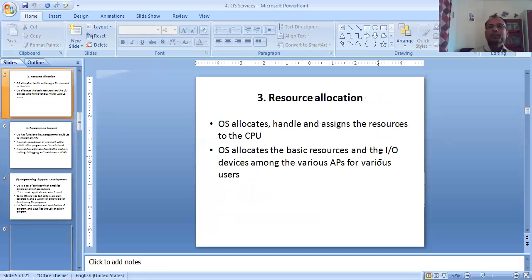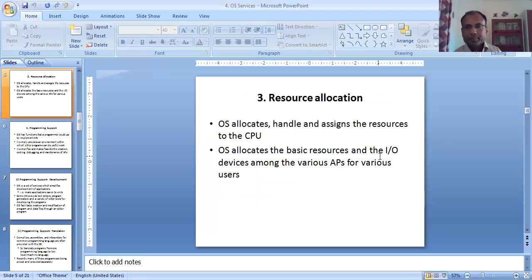Next, we have the resource allocation. So this is one of the most important responsibility handled by the operating system. Okay, most important in the sense that throughout this operating system lecture series, we will be somewhat concerned around the responsibilities.